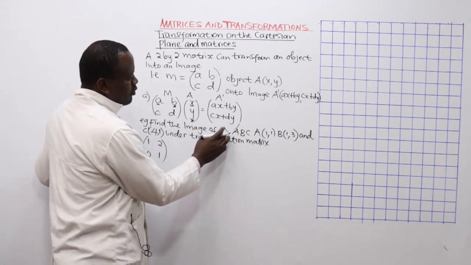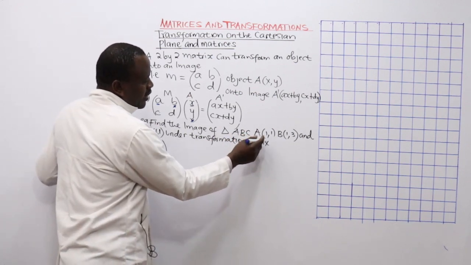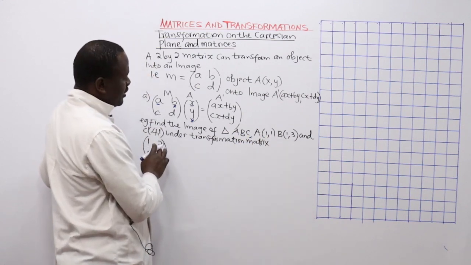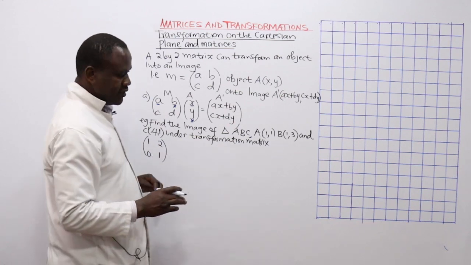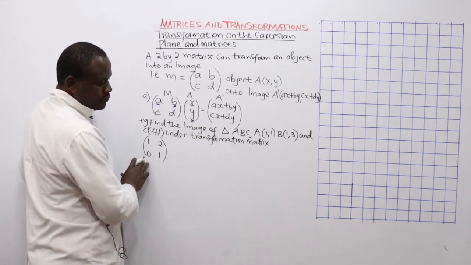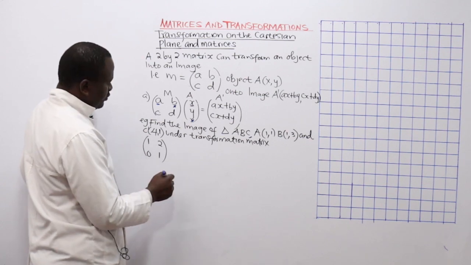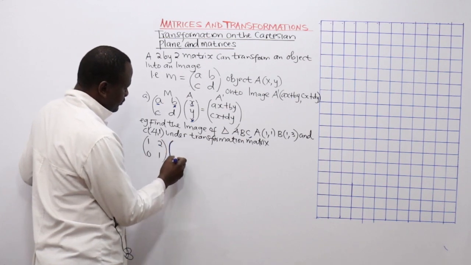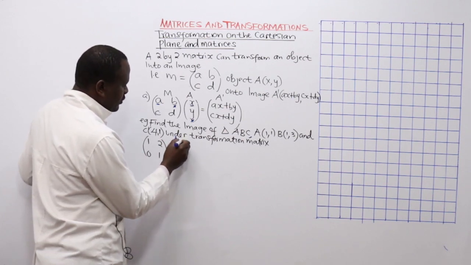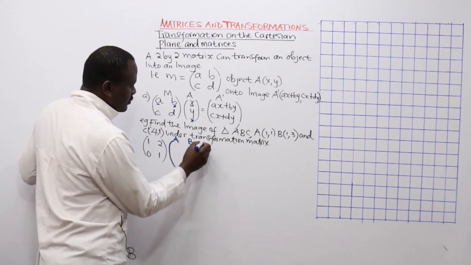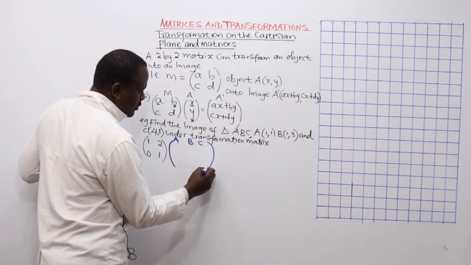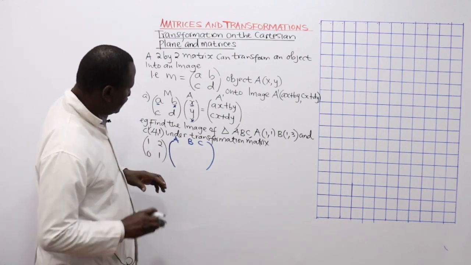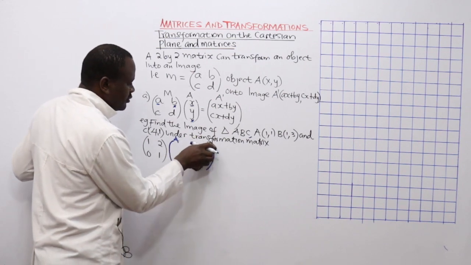Find the image of triangle ABC, where A is 1, 1, B is 1, 3, and C is 4, 1, under the transformation matrix, this one. So what we do, we write the object here, A, B, C. Now, we can do it one by one also.